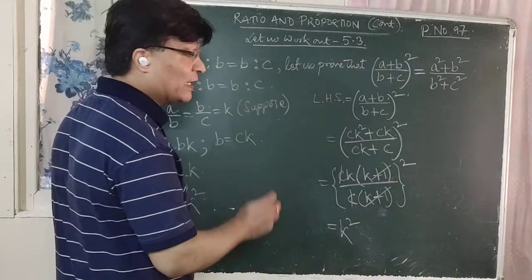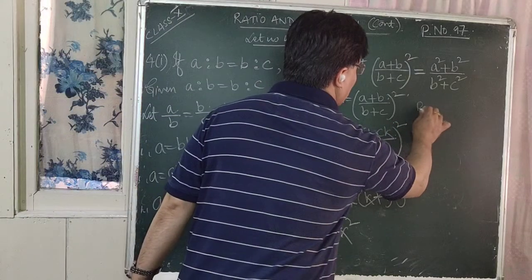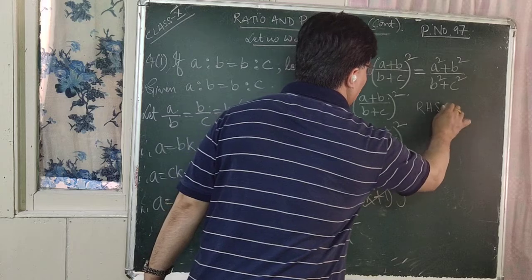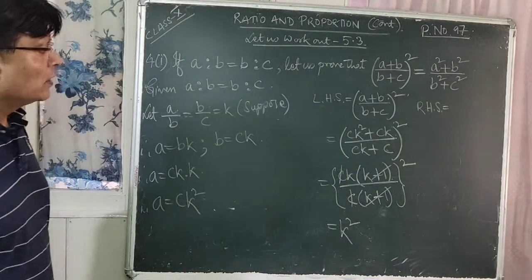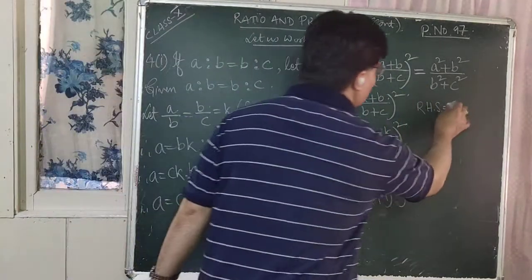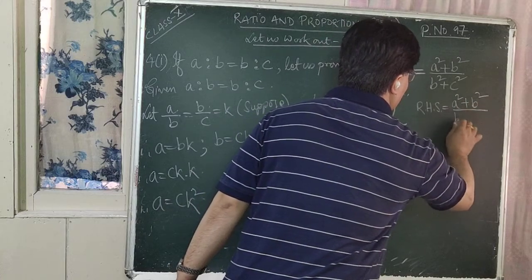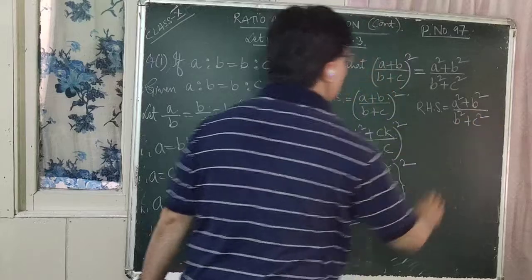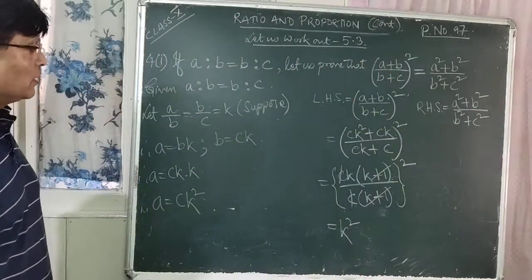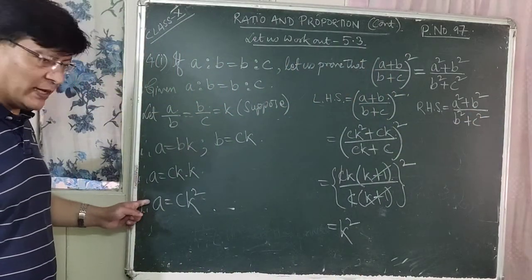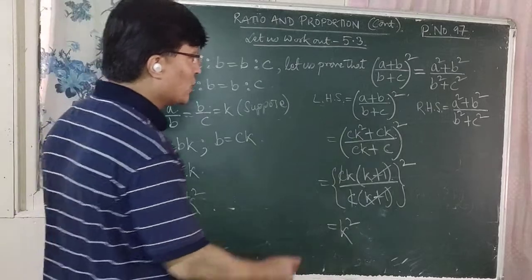Now let us find out the right hand side. So let us find out the value for right hand side now. So RHS is equal to (a square plus b square) divided by (b square plus c square). So now let us put the value for a. What is the value for a here? CK square.